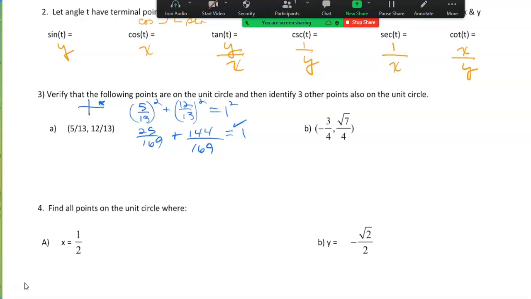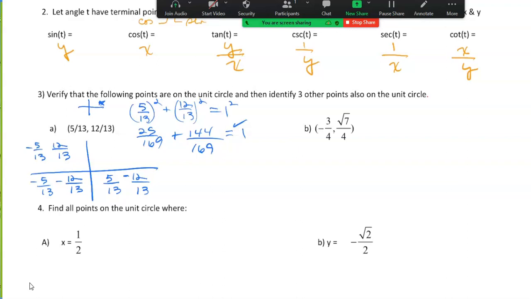Okay, so then I think the most creative and safest way to do this, recognizing that they gave me values that were in quadrant 1, is this: the 3 other points that they want are in the second quadrant, where my x is negative but my y is positive; the third quadrant, where both are negative; and the fourth quadrant, where only the y is negative.